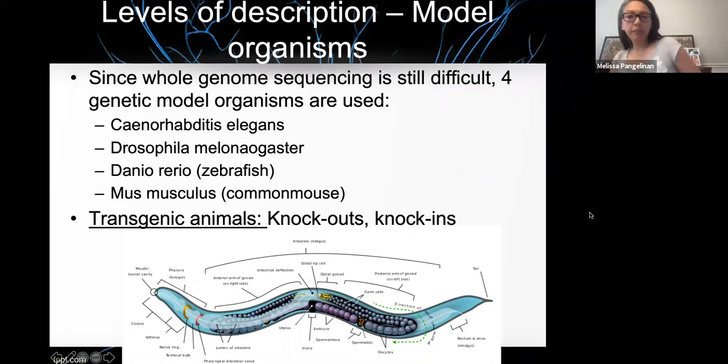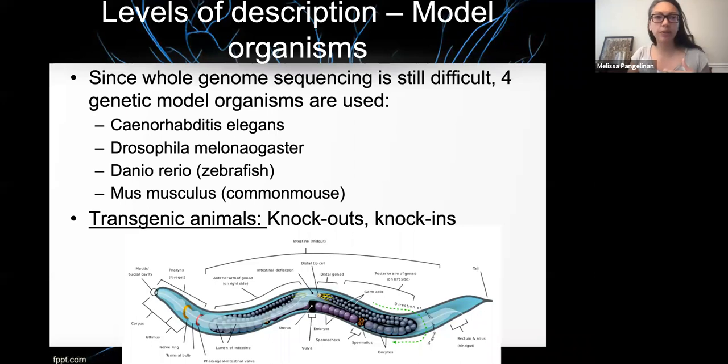Okay. And then of course, the last set of organisms that are really helpful relate to genetic understanding of different types of expression. We can use model organisms that have very simple genomes, so they can be sequenced really easily. This is an example of a C. elegans, a nematode, Drosophila, fruit flies, zebrafish, mice, rats.